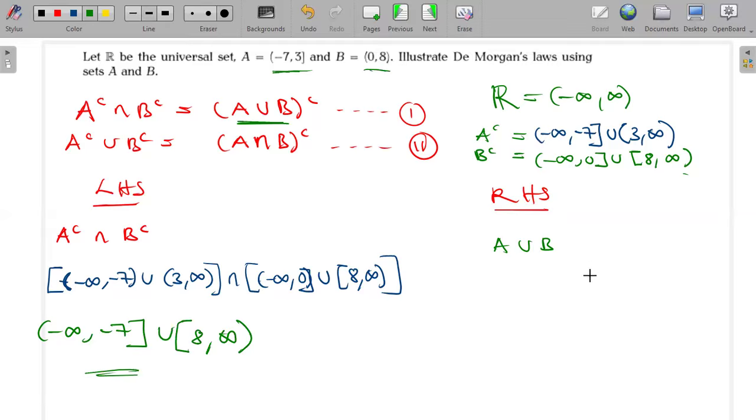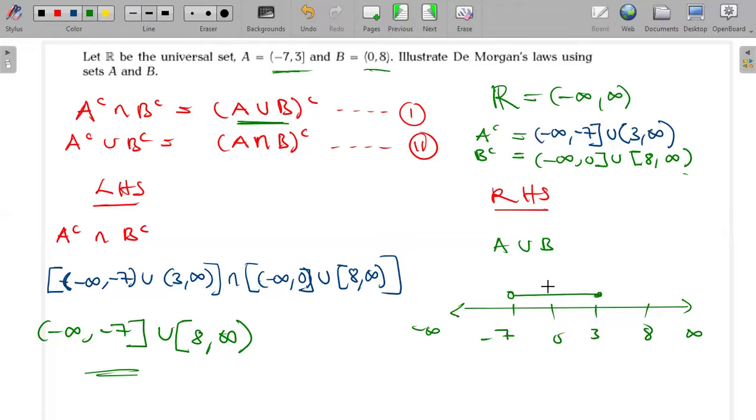So the union is going to be, if you write that on a number line, you get negative infinity, you get infinity there. So that is going to be negative 7, you have 3 there, 0, and 8. You have your A is open here, it goes there and it's closed.